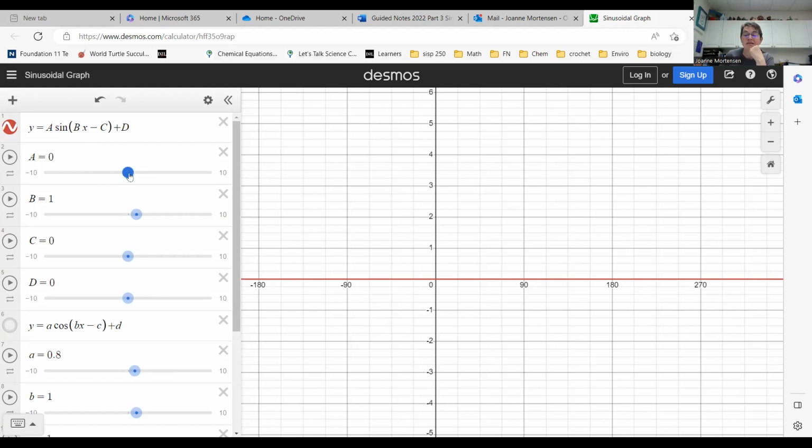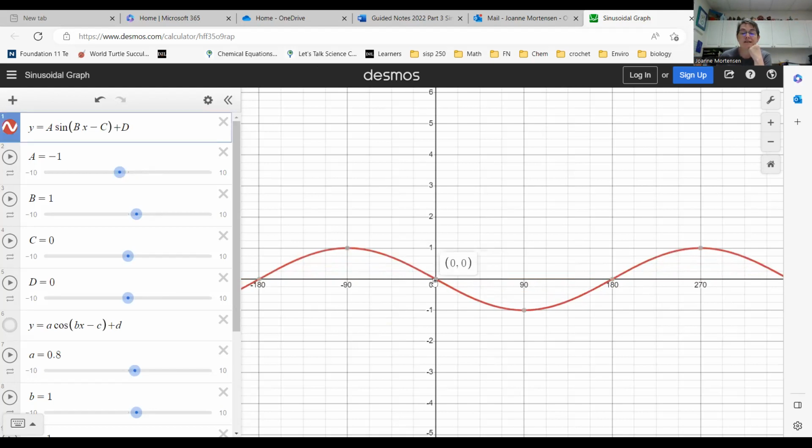But if we go negative, ooh, cool. The curve starts to go in the opposite direction, which actually makes complete sense. Number 1, let's look at this point and this point, 0 and 0.